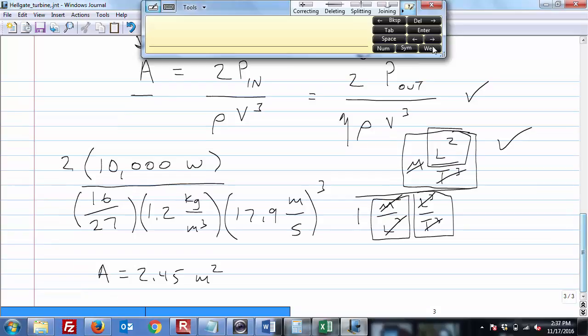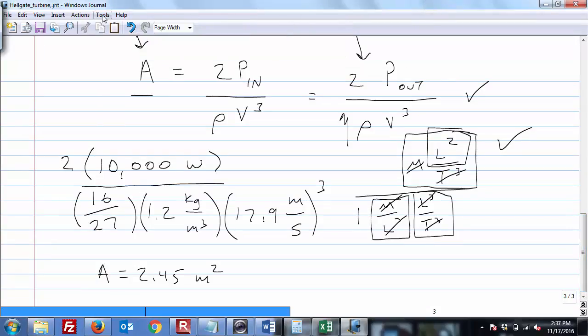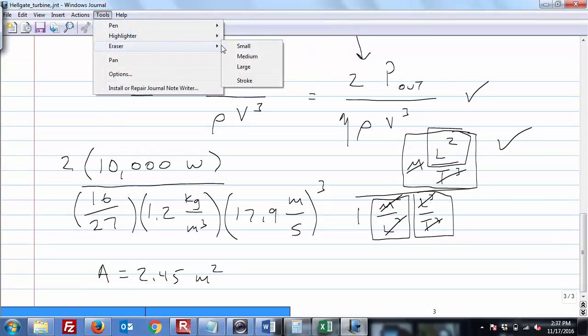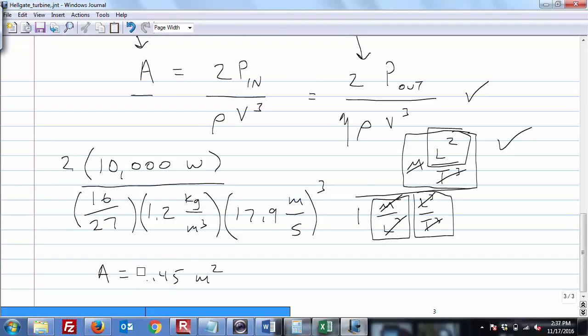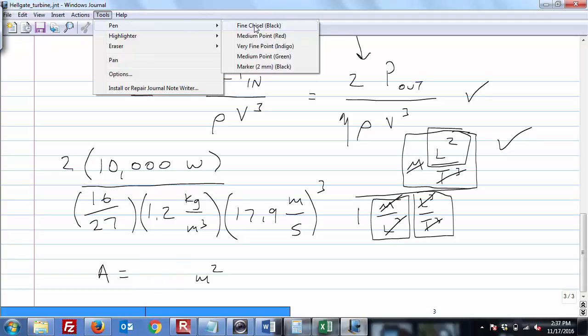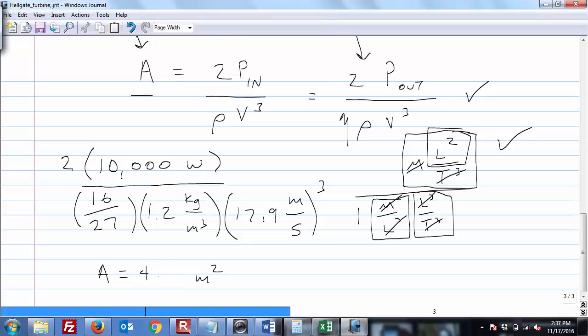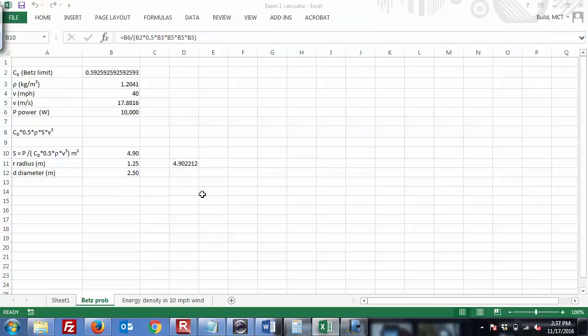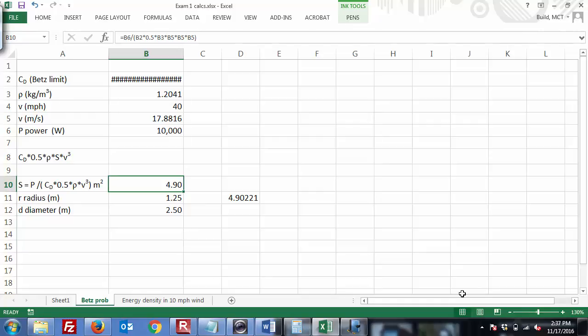And so the final answer for the area is 4.9 square meters. If I go up here, I also just ran it in Microsoft Excel, and I used the letter S instead of A for area. That's fine. There's 4.9.